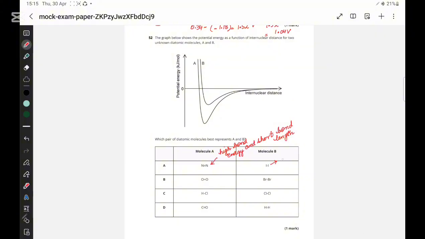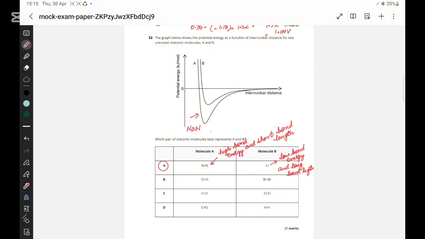When we see iodine, it is going to have low bond energy and a long bond length.